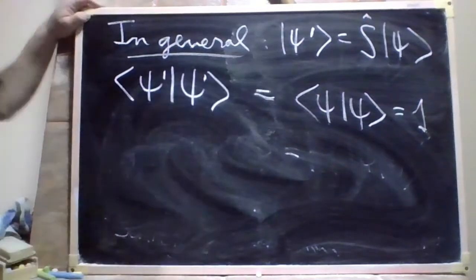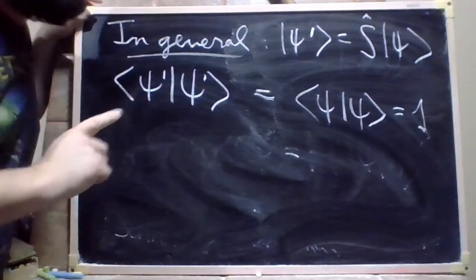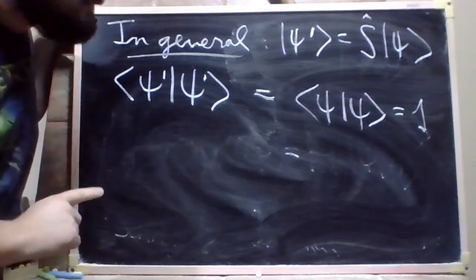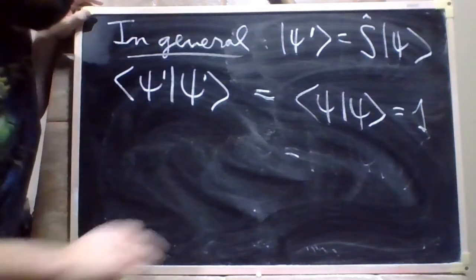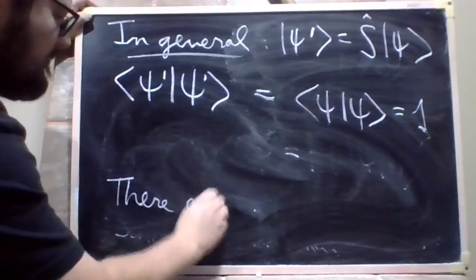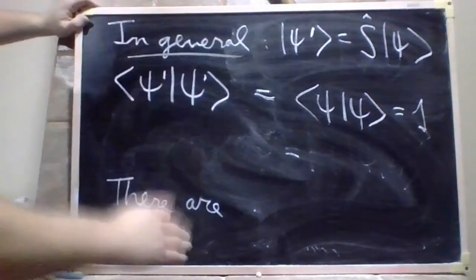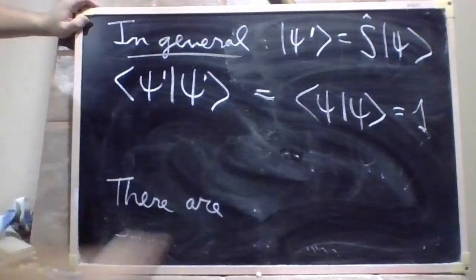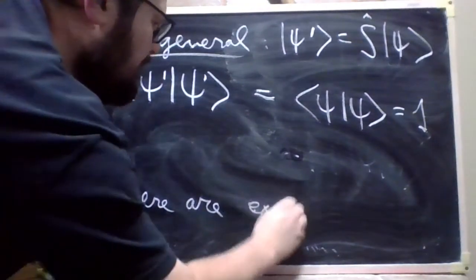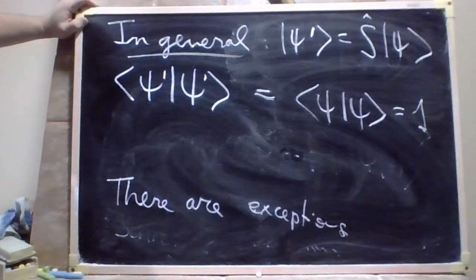So for transformations there is, I guess, just one exception, which is time reversal symmetry. But in general, there are exceptions, I must say. But then the transformed state gets a sign. But we are not interested in those exceptions right now.